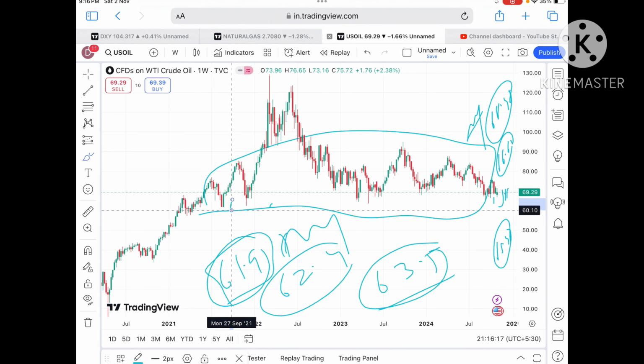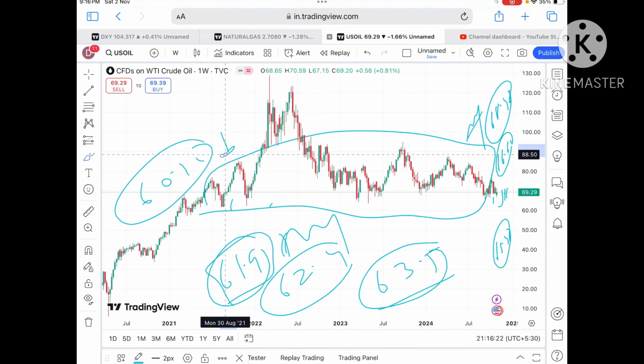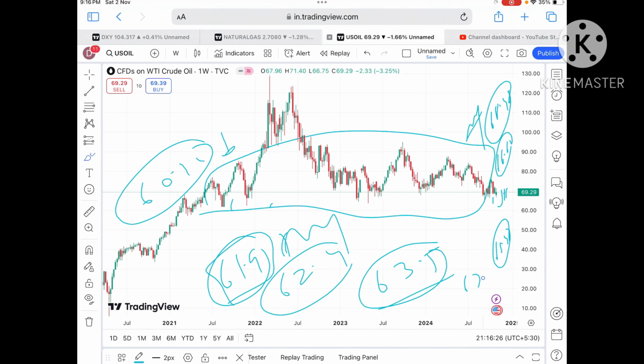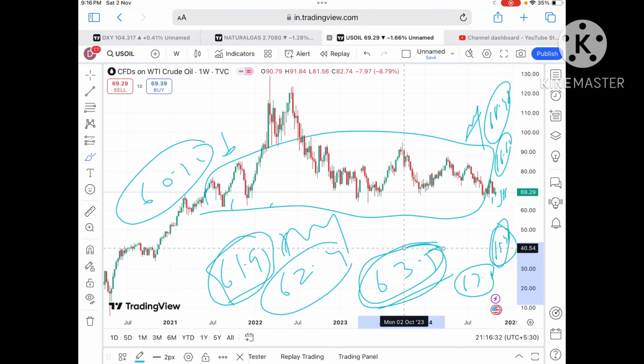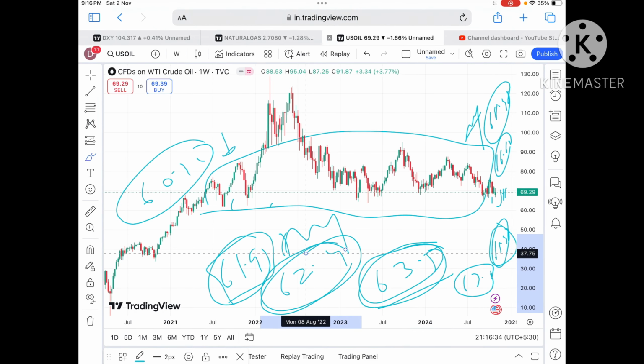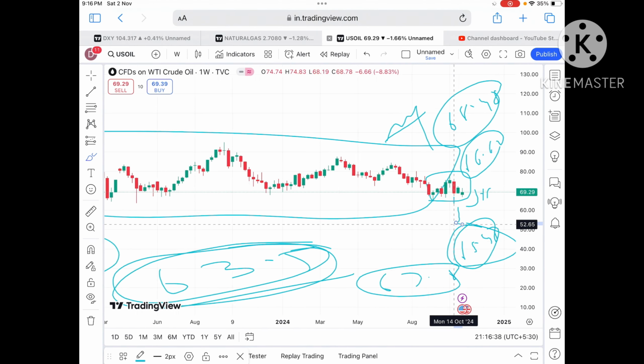So further downfall we can see towards a level of 60.10, and then a further fall. Okay, remember this, as soon as the price started going below 67.8, further fall we can see towards a level of around 65.5, then to a level of 63.5, and then towards a level of 62.4. So remember, as soon as this breakout happens, a further downfall we can see.